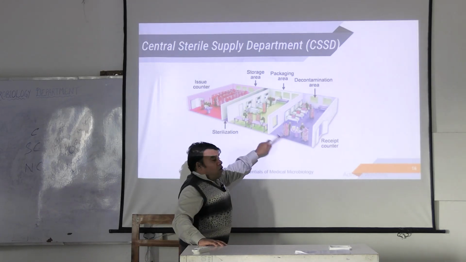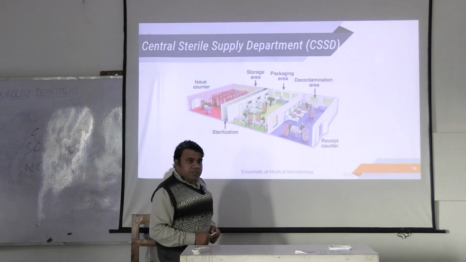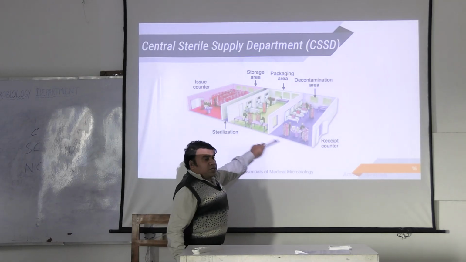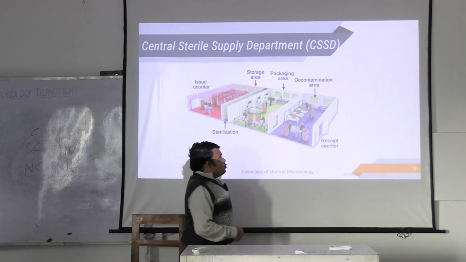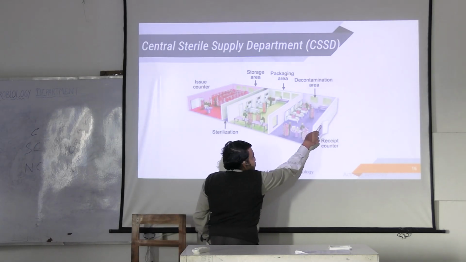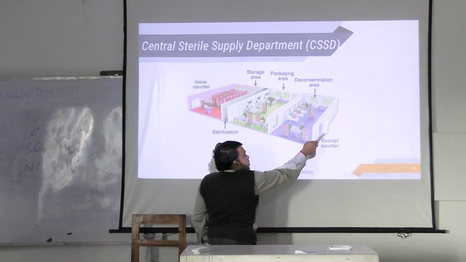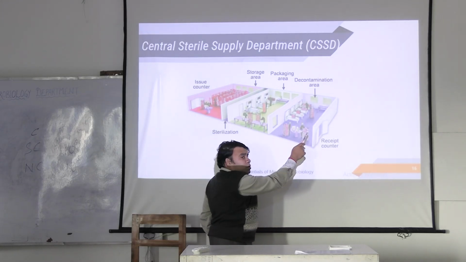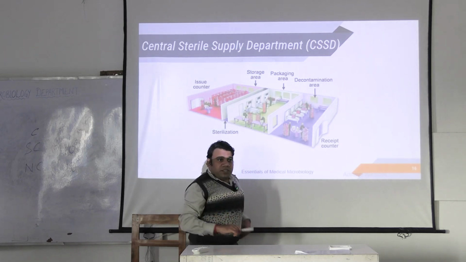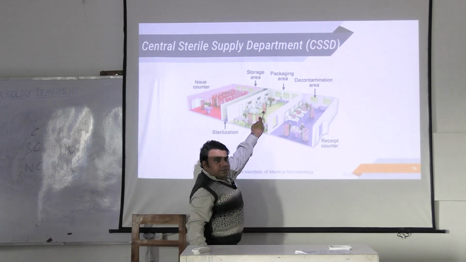Similarly, the flow of the manpower, that is the human beings, is also restricted in this way. If you see, there are pockets or doors over here. Instruments are received through this pocket. The people working over here will be restricted to this area only. They will not go into this area.